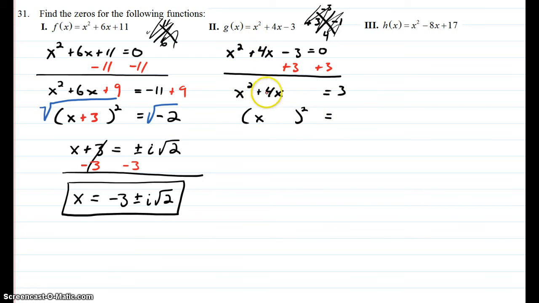Alright, so take half of 4, which is a positive 2. 2 squared gives us 4. So now we add 4 to both sides. 3 plus 4 gives us 7. And now we can square root this.